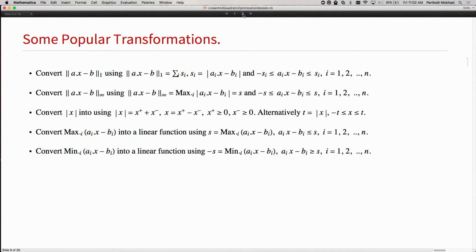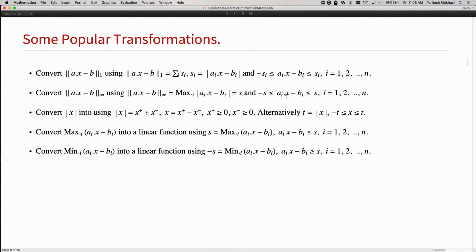Linear and quadratic themselves encompass a very large set of models, but you can extend them by doing these transformations. Rob showed a number of them. These are some of the popular transformations. If you ever open up a book on optimization and you're interested in practical modeling, you're bound to run into these kinds of transformations.